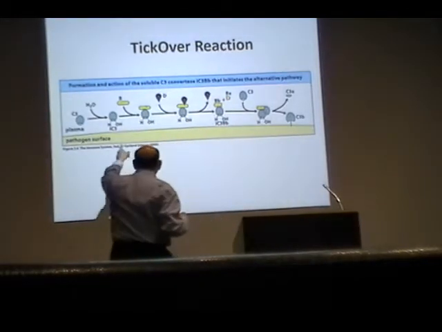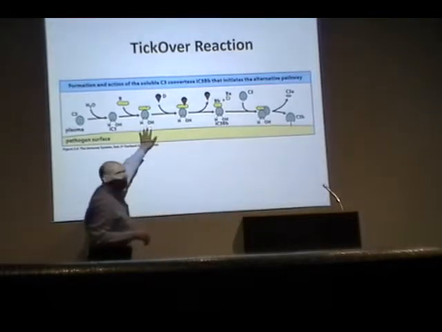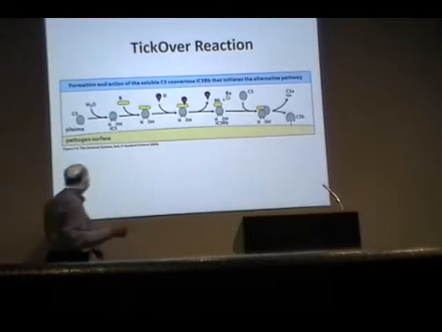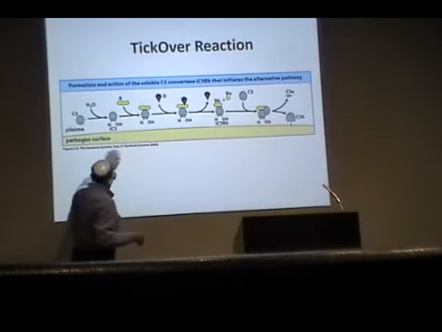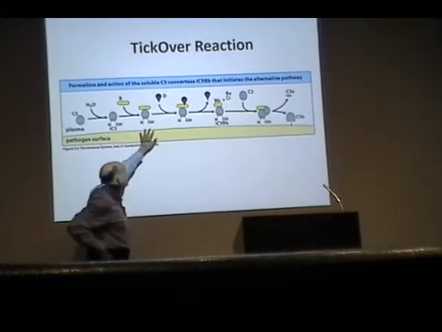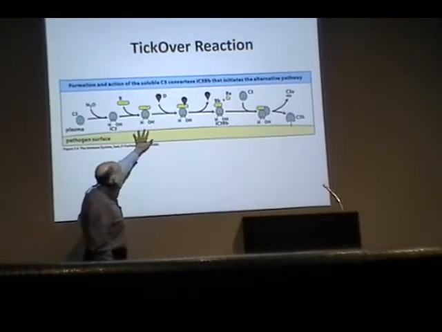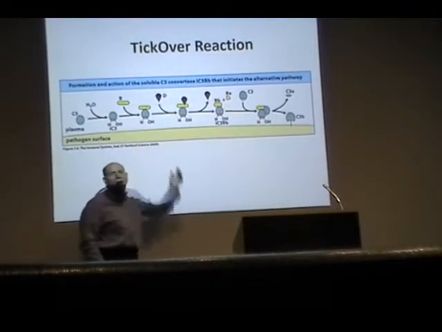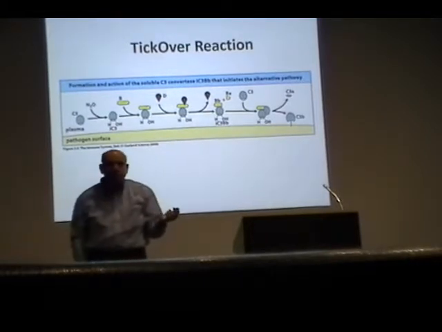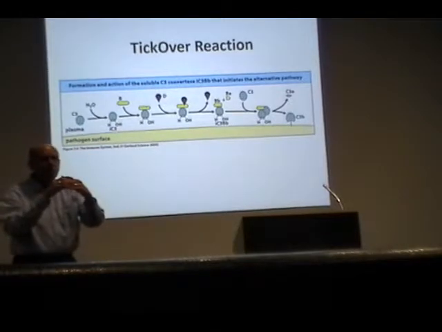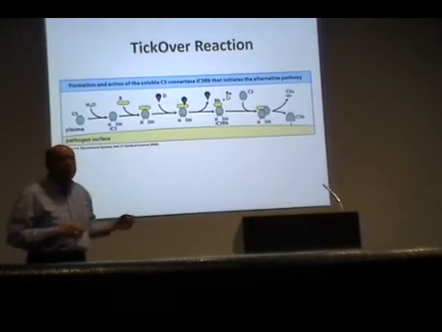When B is bound to the flexed, so this is the authors of this text. I don't know what text I got this from. Oh, Kubi, I think it's your text. Anyway, when that flexed C3 has occurred randomly, B binds to that C3, and now you have a molecule that is C3 flexed with B bound to it.